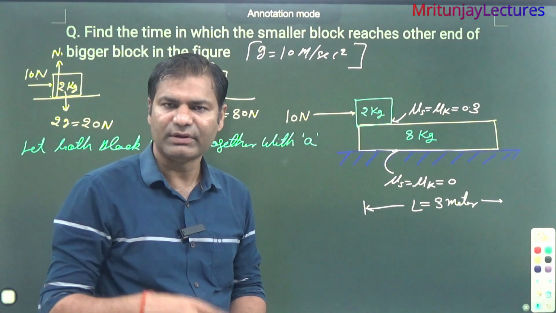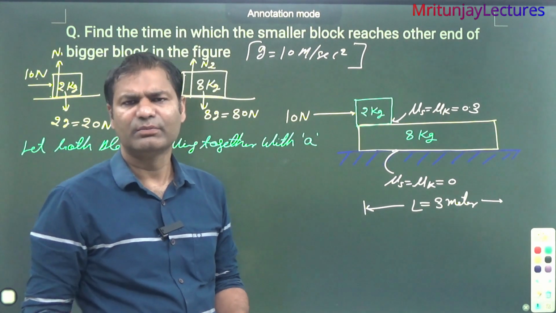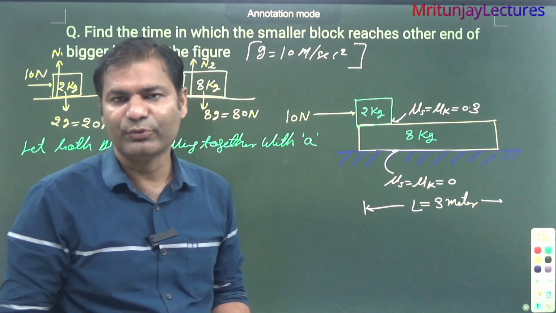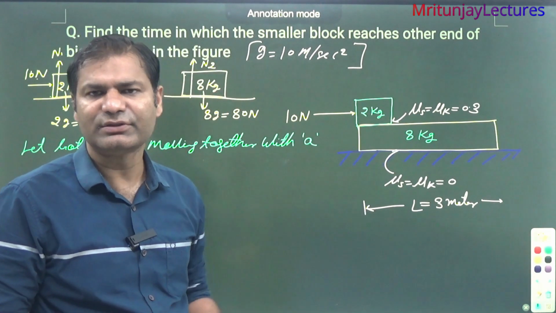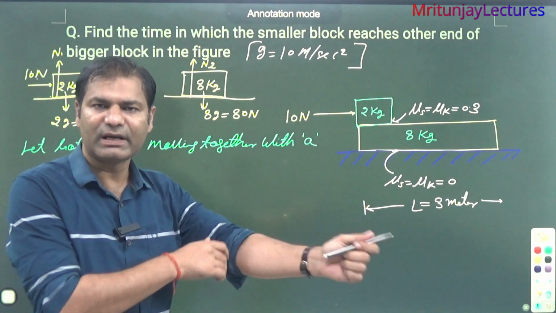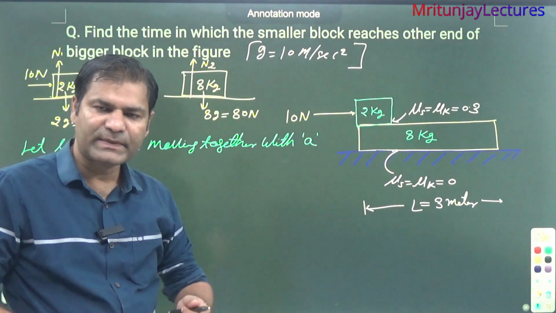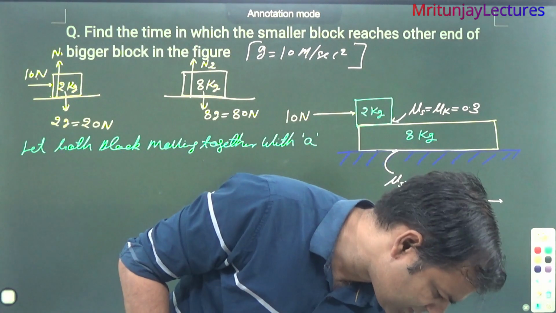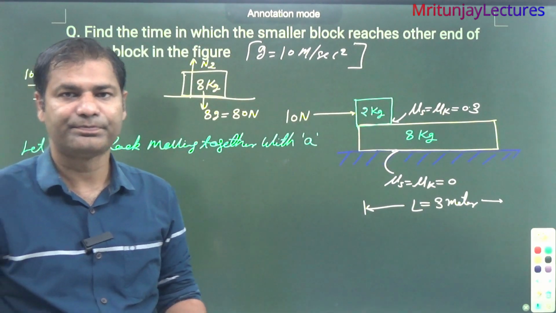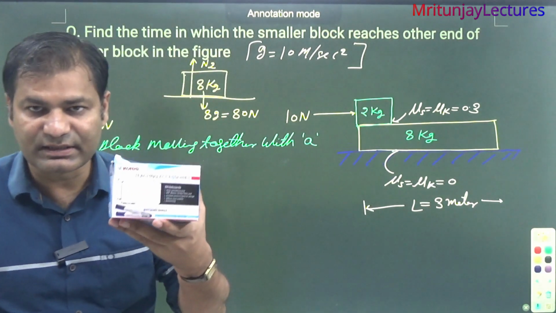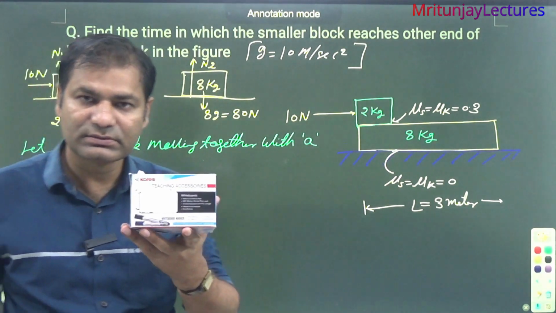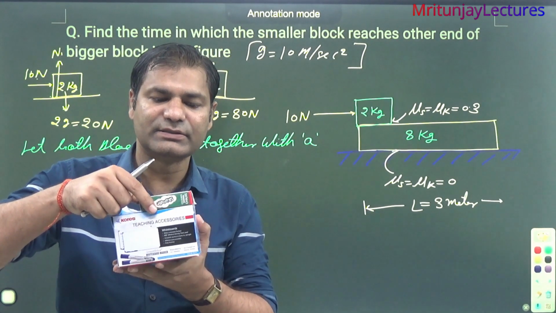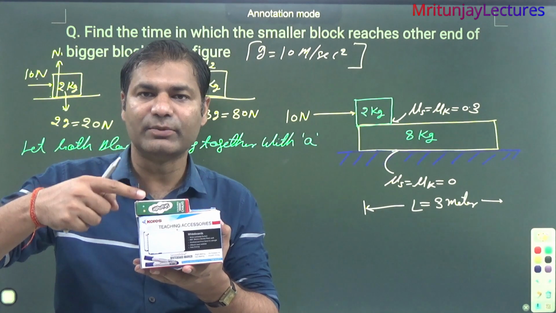Suppose that we have considered both are moving with the same acceleration; maybe they move or not, it is also decided by other parameters. Now look here, this is the 8 kg block, and this surface is smooth, and here is the 2 kg block.